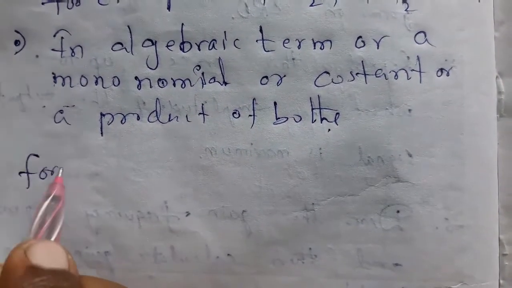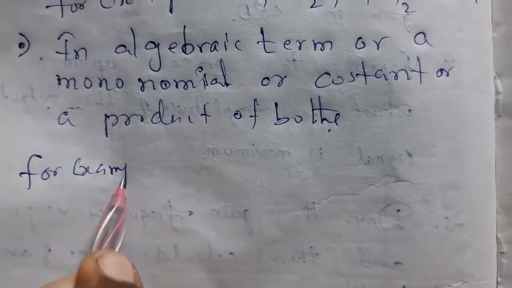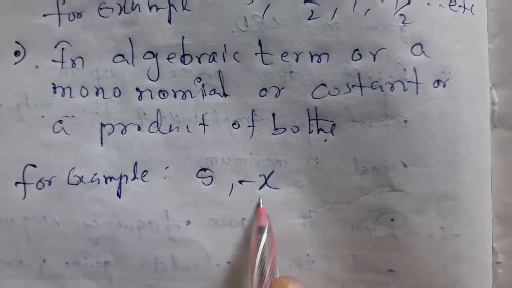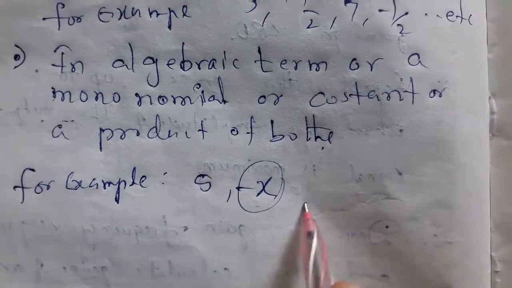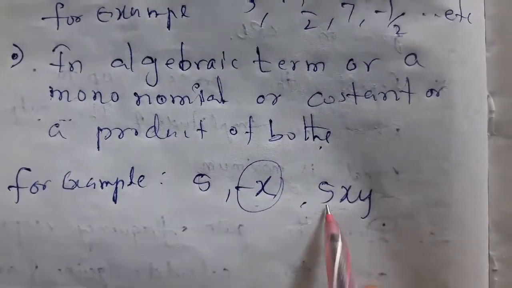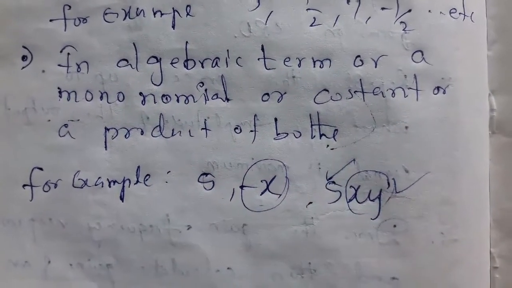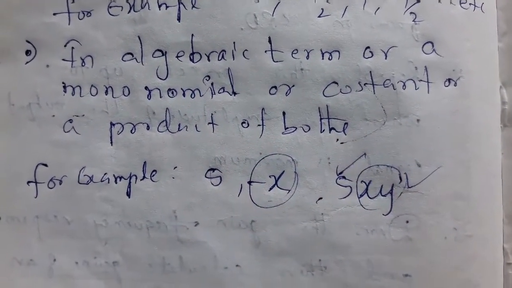For example, 5 is a constant, minus x is a variable, and 5xy is a product of a constant and variables. These two are variables. That is called an algebraic term.